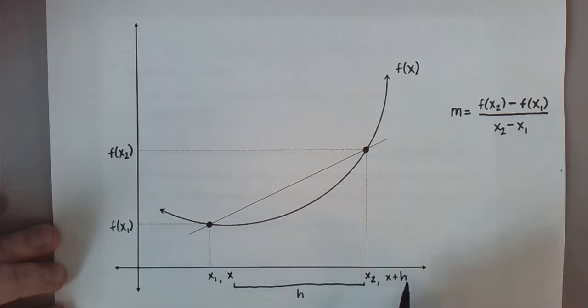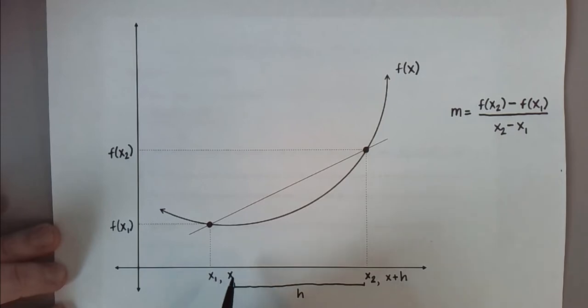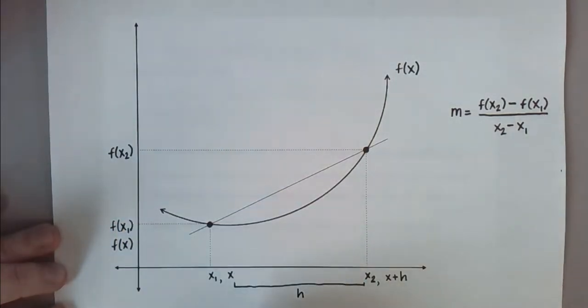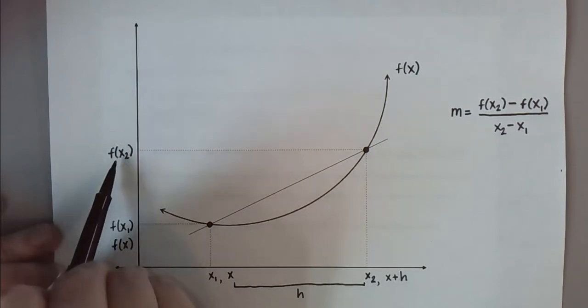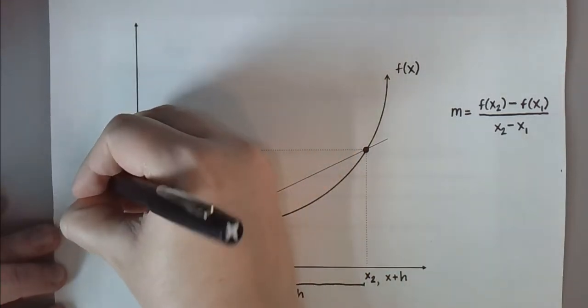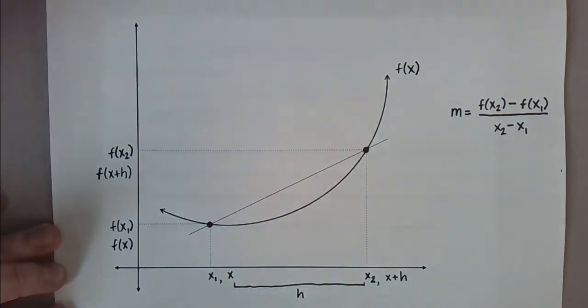Well, if we change the labels for our x values, then we'll see corresponding changes for our y values. So rather than calling this f of x1, since we're now calling our input just x, we can call this location f of x. And then rather than calling this y value f of x2, because it's now associated with the x value that we're calling x plus h, we could call this f of x plus h.